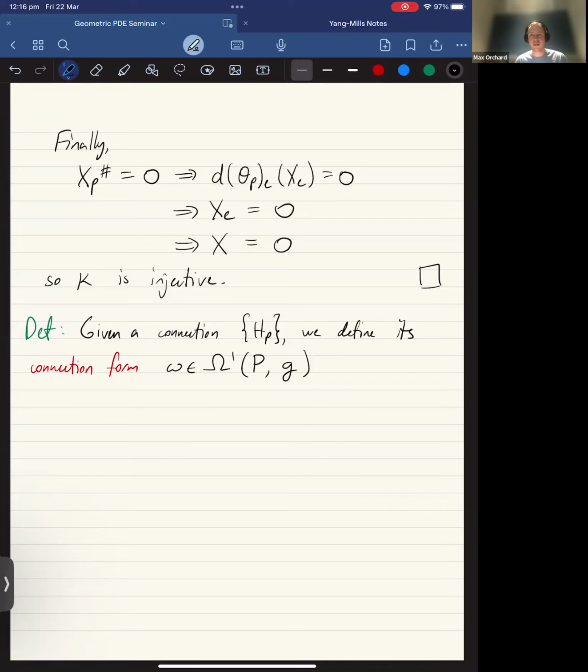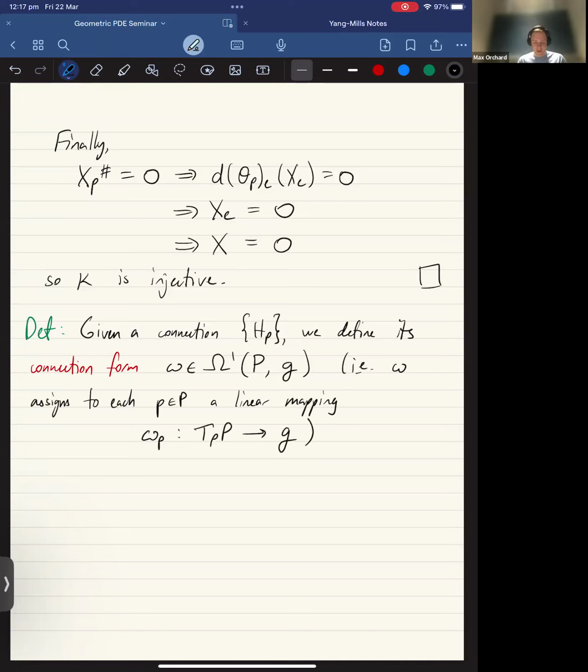So it gives you values in the Lie algebra. I'm going to explain a bit more what this means later. So essentially, this assigns to each p a linear mapping omega sub p, which goes from this tangent space into the Lie algebra g.